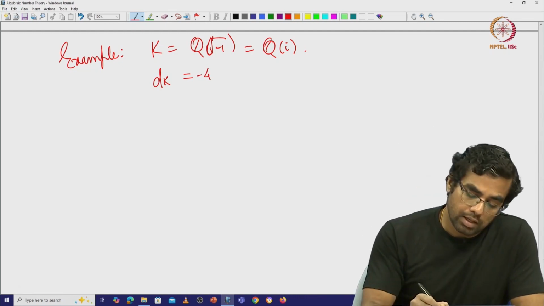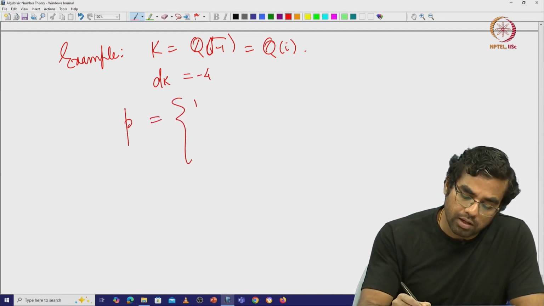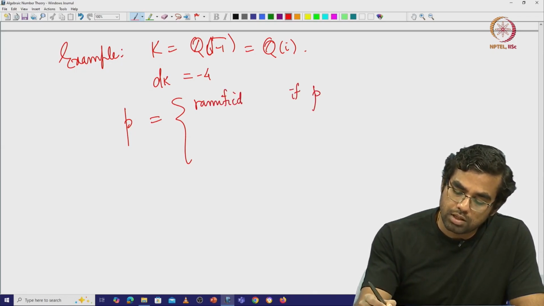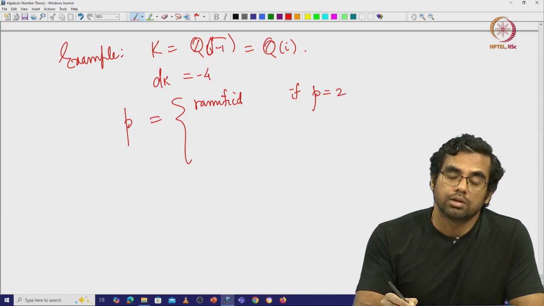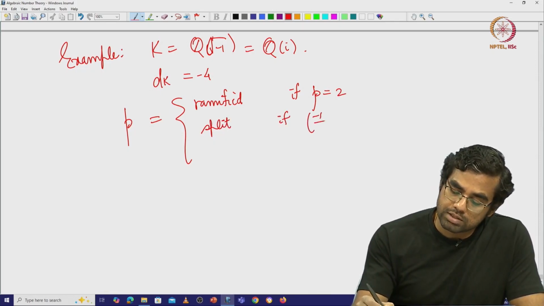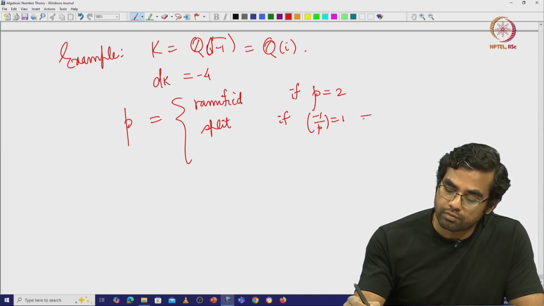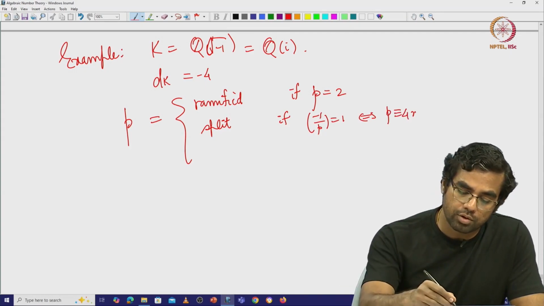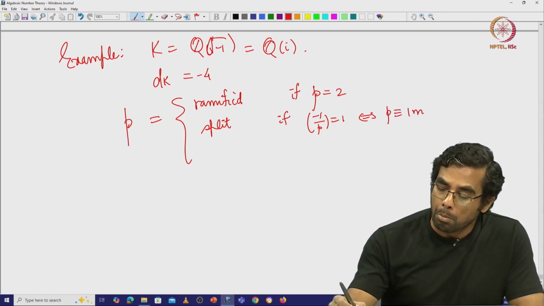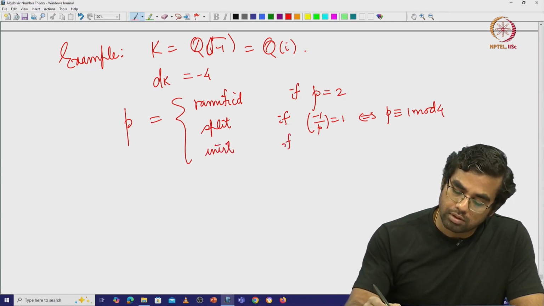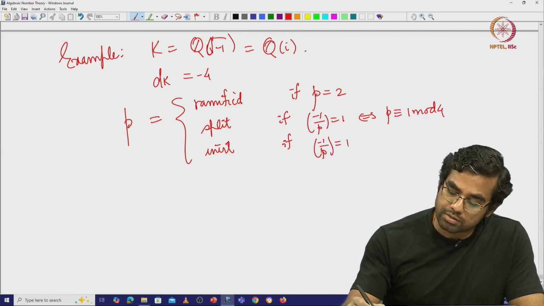And so P is ramified if P is equal to 2, and P is split if (minus 1 over P) is equal to 1, which is if and only if P is congruent to 1 mod 4, and P is inert if (minus 1 over P) is minus 1.